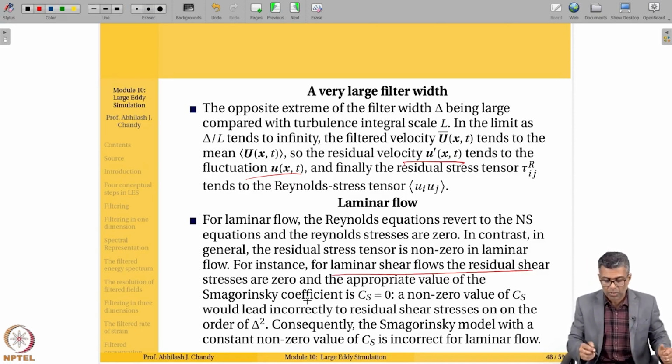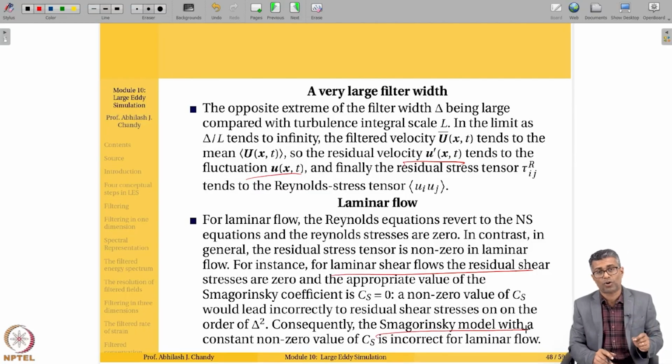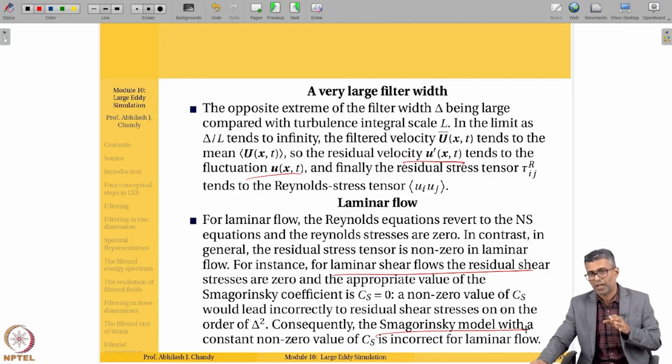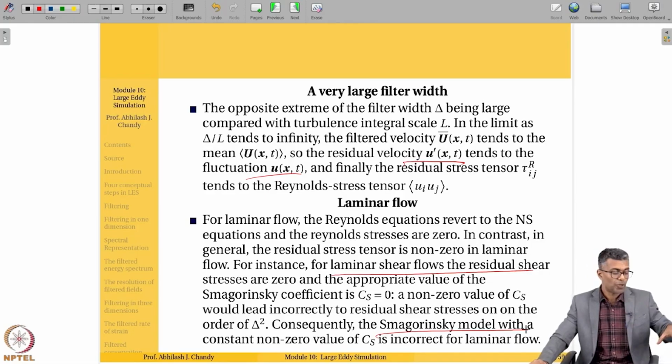Consequently, the Smagorinsky model with a constant non-zero value of C_S is incorrect for laminar flow. So that's one limitation. Now, this would all be alleviated if you use a dynamic version of the Smagorinsky model, because C_S squared is calculated dynamically based on certain equations. And most likely C_S squared would be equal to 0 in a laminar flow. When you apply C_S equal to 0.17, that is never the case, right?